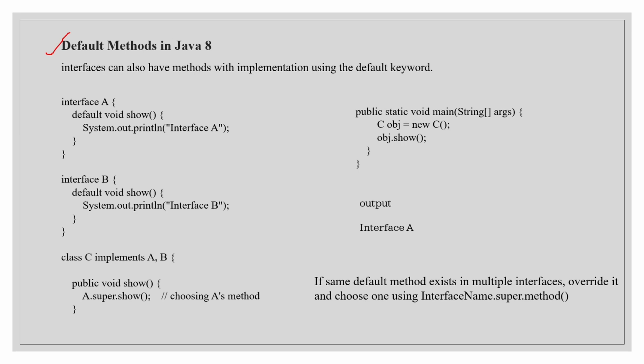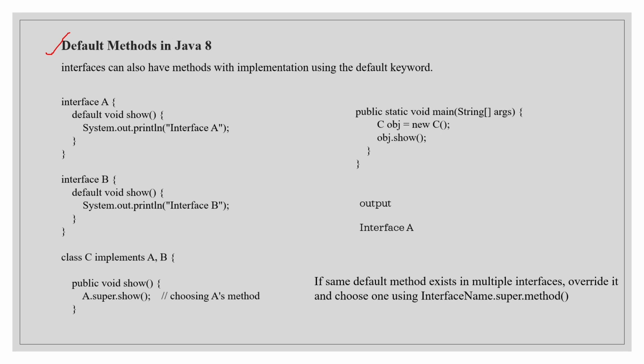In the previous example, I told you about interfaces. They only declare methods. So here, using the default keyword, interfaces can also contain methods with implementation. That means interfaces are not limited to only method declarations anymore. They can also provide method bodies using default methods.